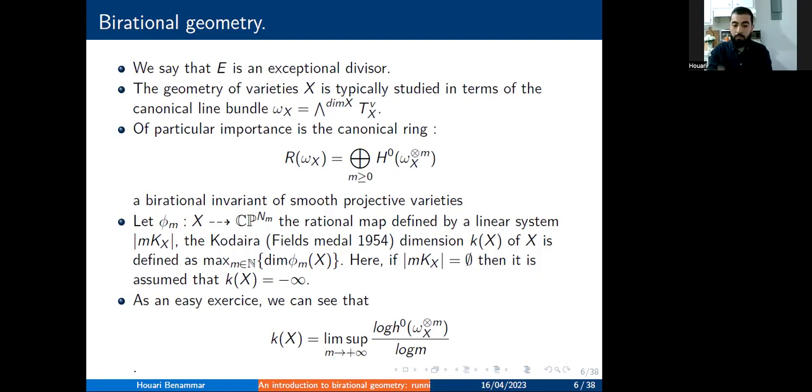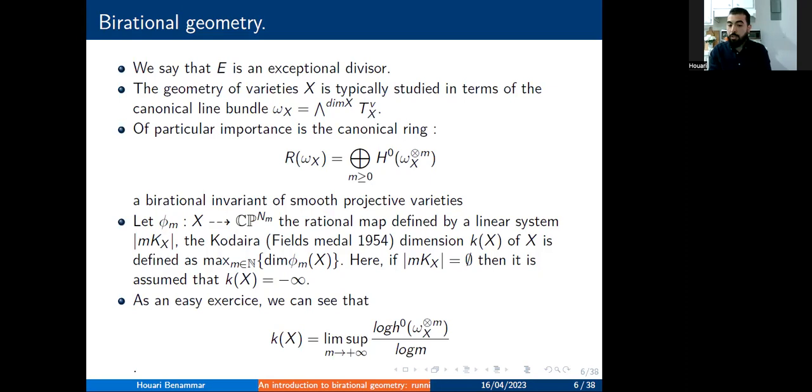And the linear system of this divisor is exactly the set of effective divisors, so divisors such that all the coefficients are positive, which are linearly equivalent. And by this linear system, we can define this rational map. And Kodaira defined his dimension as the maximum of the dimension of the image of all these rational maps.